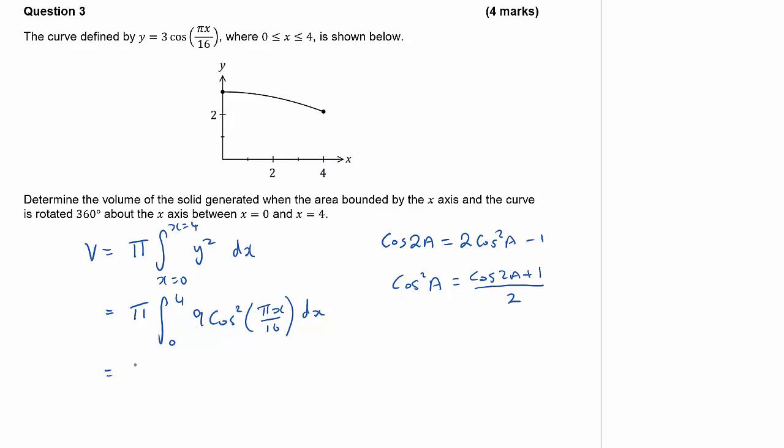So I could take the 9 outside and the 2 from the bottom there. And then what we'll have, now this is a double angle, so we want double this. If you double that, you're going to get πx over 8. And then we've got the plus 1.